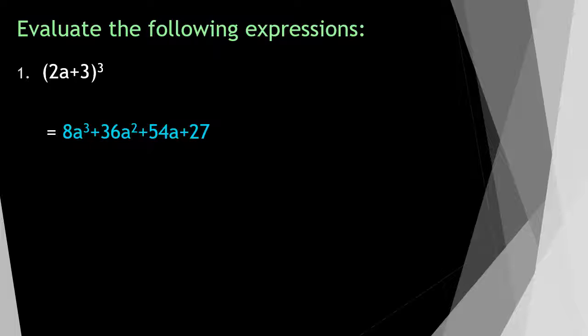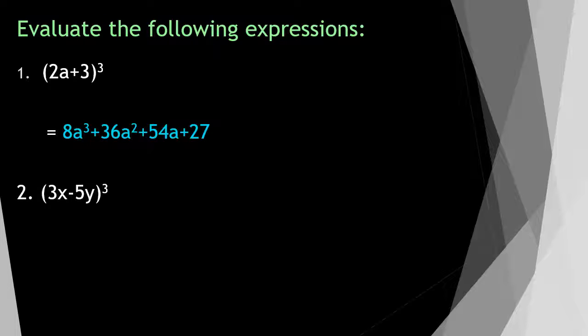Just the same with the 54a. It is thrice the product of the first term, but the square of the last term. And lastly, the cube of the last term, we get 27.